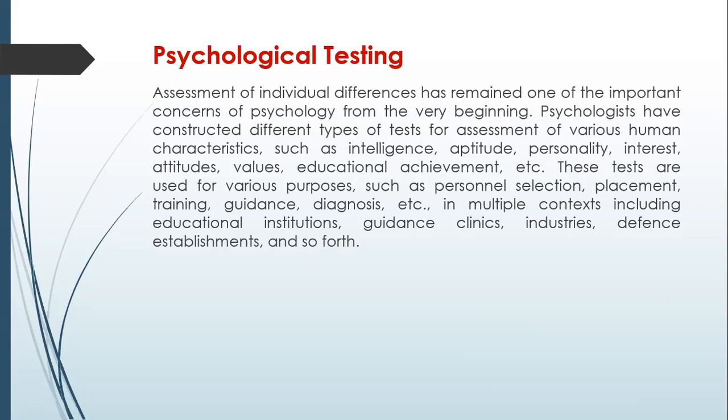Educational achievement, yes, I achieved 80%, 70%. Intelligence, you can say highly intelligent, less intelligent, poor intelligence. Aptitude, high aptitude, this is the ability test, that is aptitude. And personality, which type of personality, introvert, extrovert, narcissistic personality.